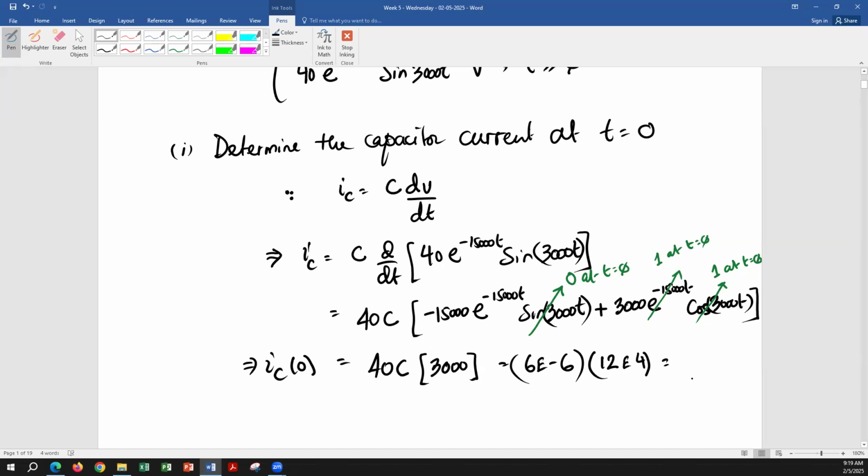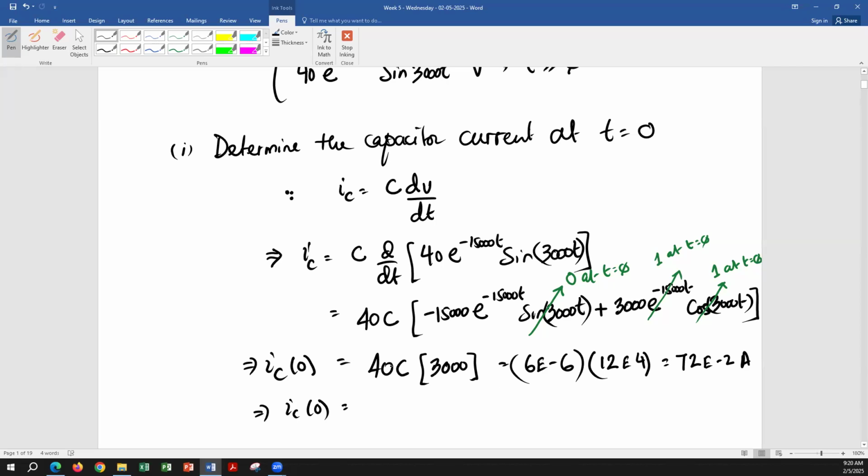That's going to be 72 exponent negative 2 ampere, which will be 0.72 ampere, or 720 milliampere.